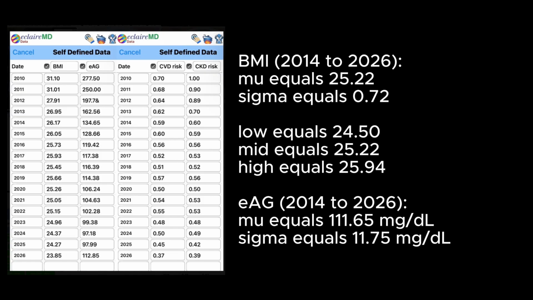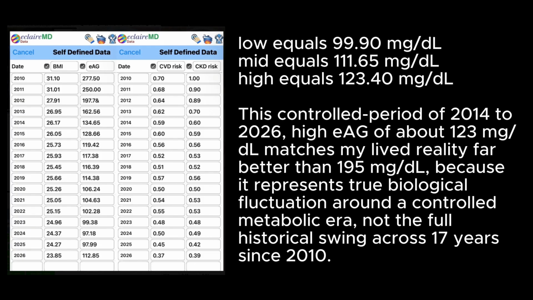For EG 2014 to 2026, mu equals 111.65 mg/dL, sigma equals 11.75 mg/dL. Low equals 99.90 mg/dL, mid equals 111.65 mg/dL, high equals 123.40 mg/dL.